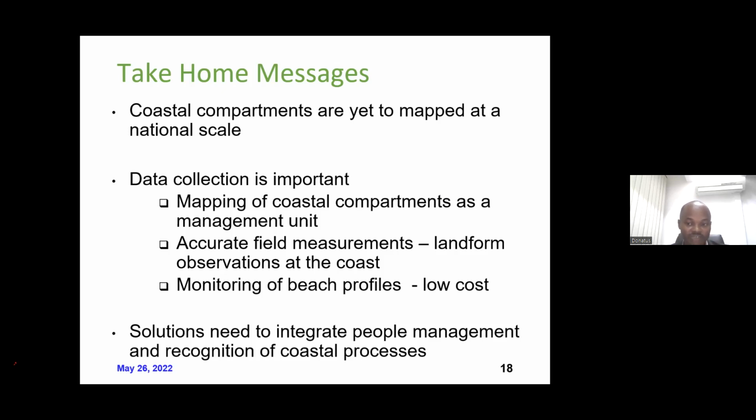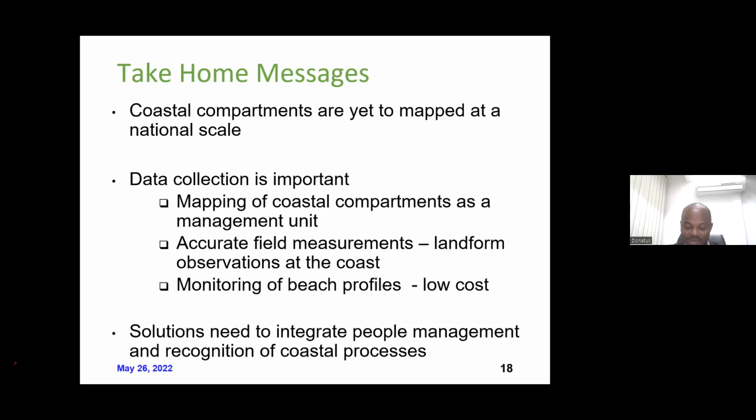Our approaches and interventions are good, but we should consider what they will do to the adjacent beaches. Secondly, data collection is very critical for coastal and sediment management. We could invest in low-cost monitoring approaches like cameras and drones. And this can give us high frequency, high resolution, and large-scale data sets.